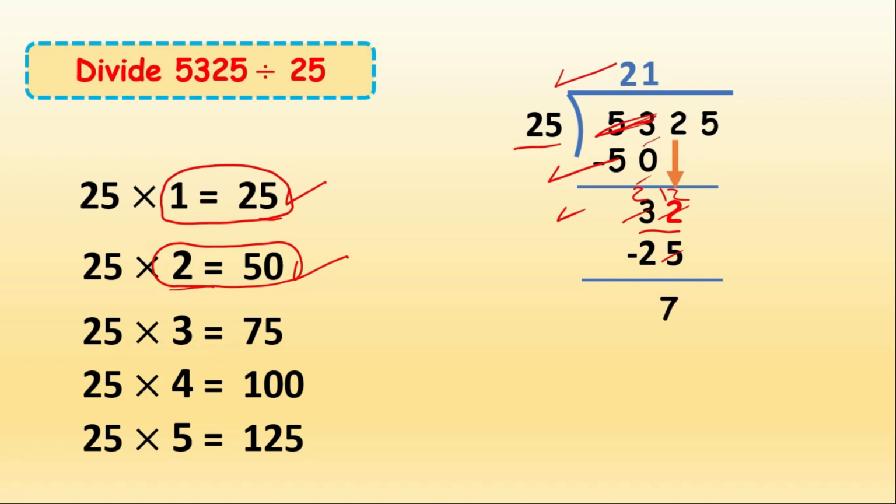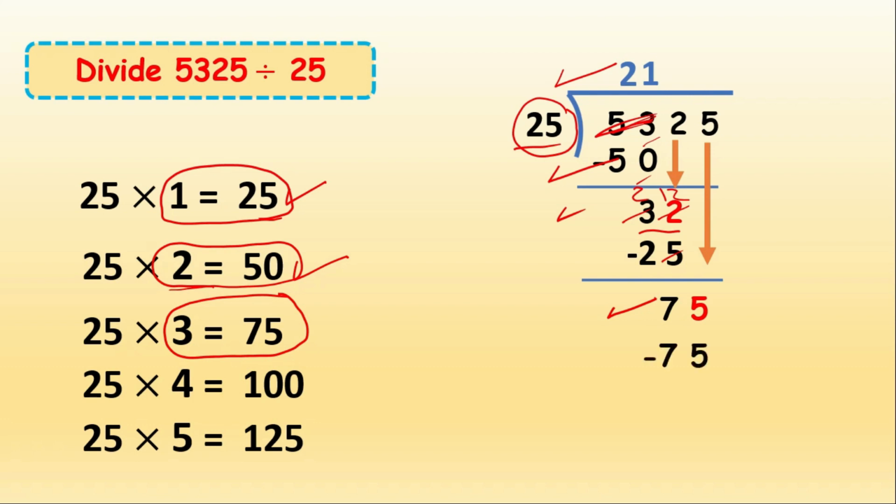So the next step, drop number 5. Okay? And then 75 divided by 25. Start again. 75 divided by 25. Search for 75. You can find 75 in the products. So circle the two numbers 75 and 3.